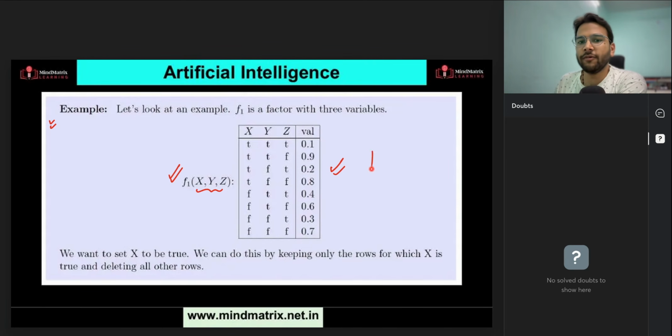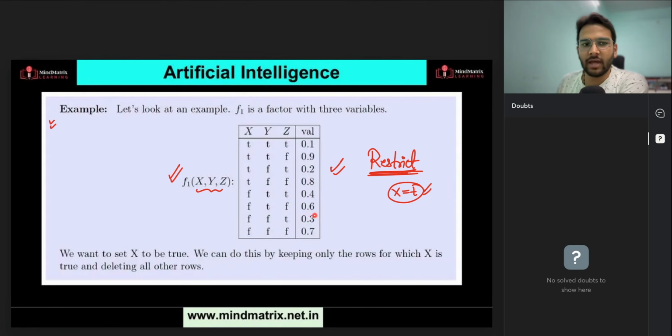Now we are talking about the first operation, that is restrict. When I say let's restrict the value of x, let's say I'm restricting the value of x as true. If I restrict the value of x as true, I'm not going to consider all those values where the x value is false.